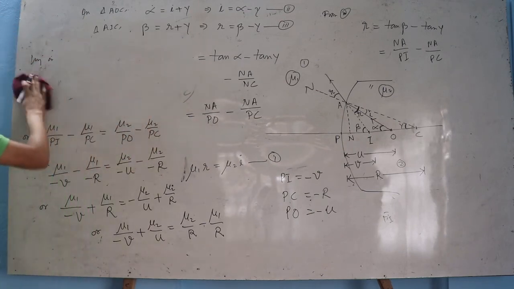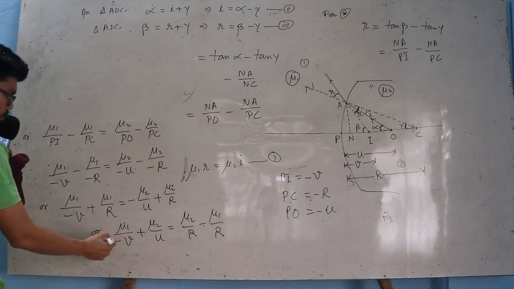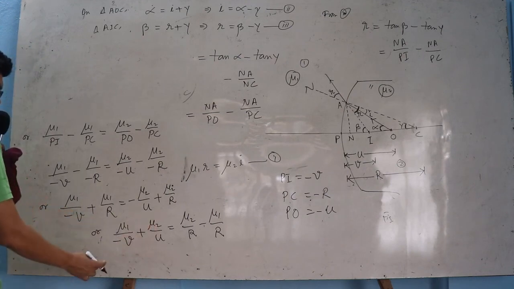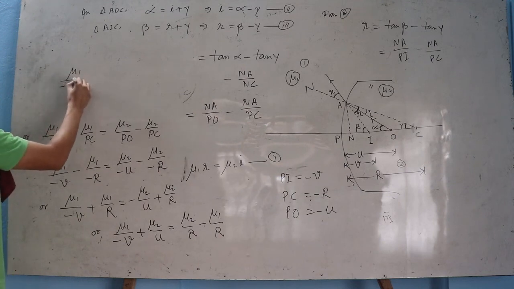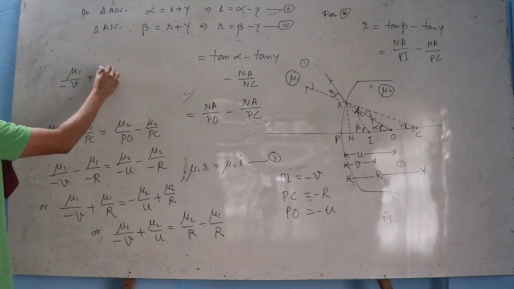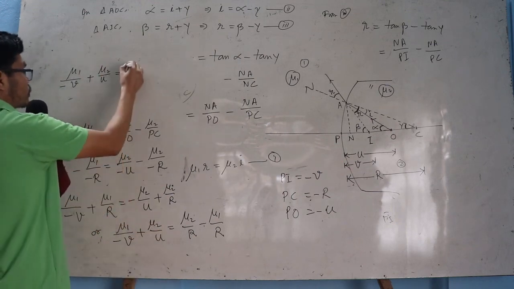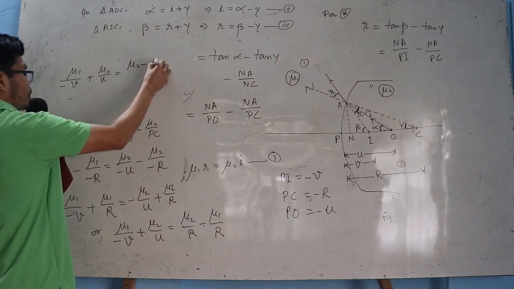So our final equation you can construct now. Mu1 by minus V plus mu2 by U. This is equal to, you can take R common, so it becomes what? Mu2 minus mu1 by R here.